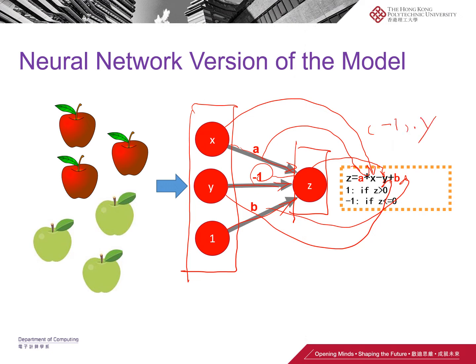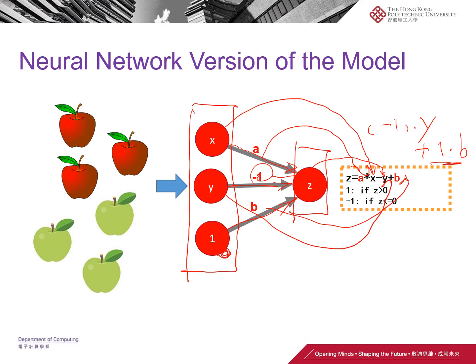And for the same reason, the b is special. b can be considered as 1 multiplied by b. So when b becomes a parameter, we can add a constant one node to represent this part.